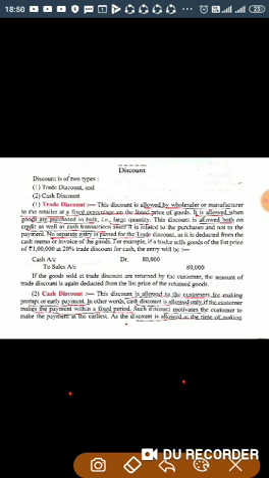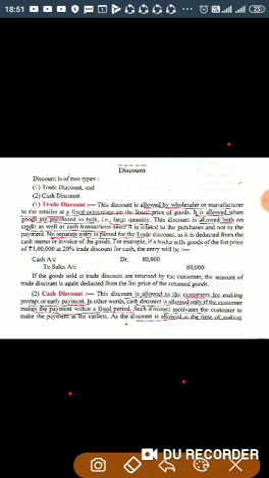So trade discount is allowed at the time of sale or at the time of purchasing goods, but it is not recorded in the books of account. So if you are purchasing goods of rupees 10,000, it is listed, and you are getting 10% discount, then the purchasing price is 9,000, right?